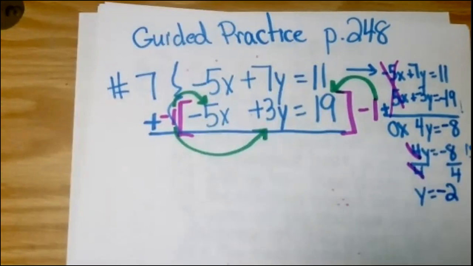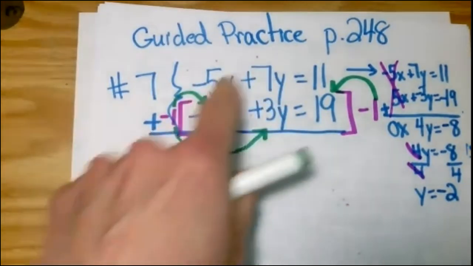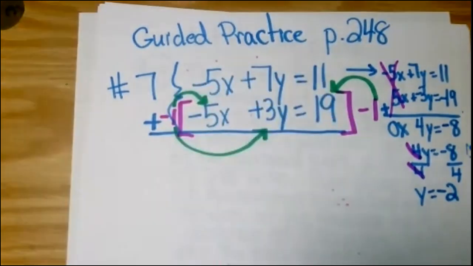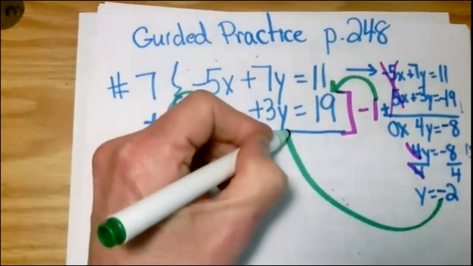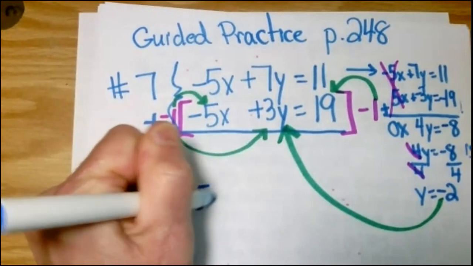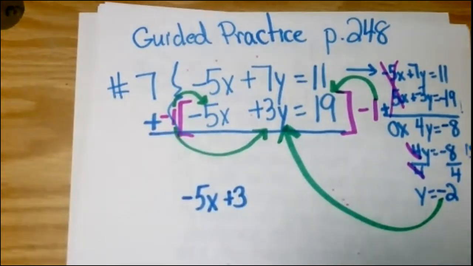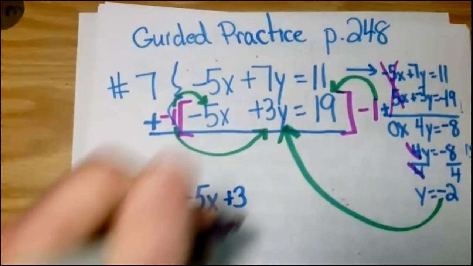So in our case, we solved for y first. We are going to then take the y value and plug it back into one of these equations. In this case, it doesn't really matter. They're both about the same in difficulty. I'm just going to pick it right here and put it in for that. So now that will give me -5x plus 3 times the y value, which is -2.